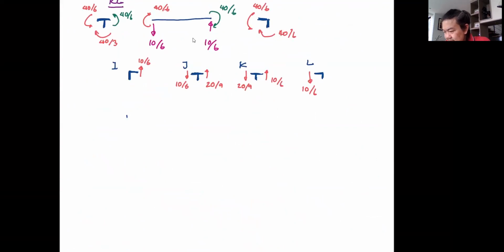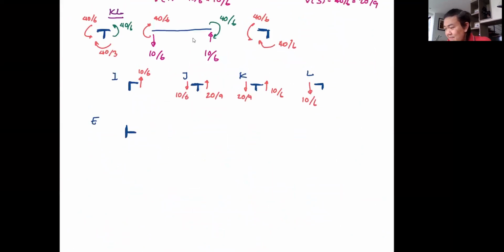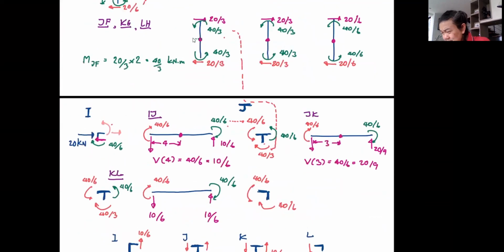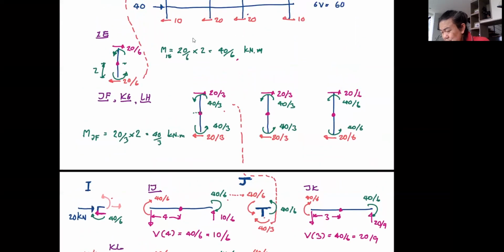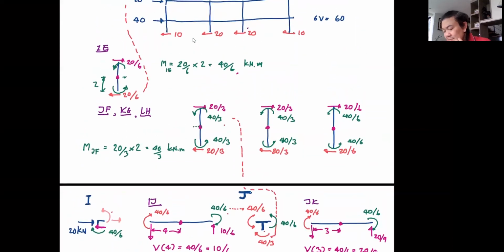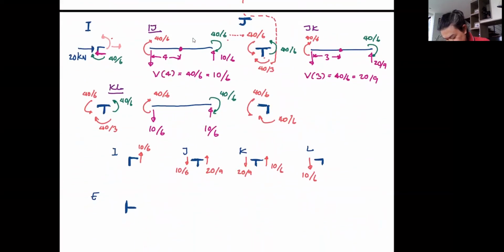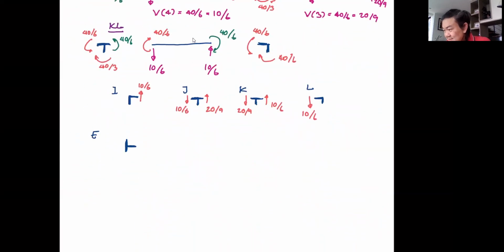Okay. So now let's say here we have this E. Now from the first column, you have this, right? The moment and the shear. So here is 20/6 and 40.